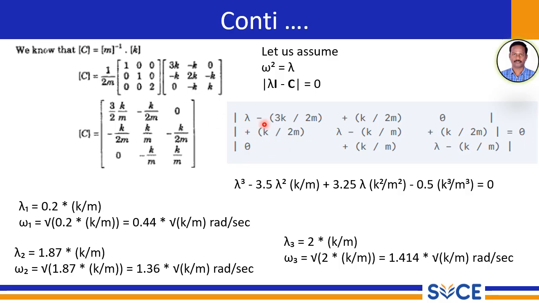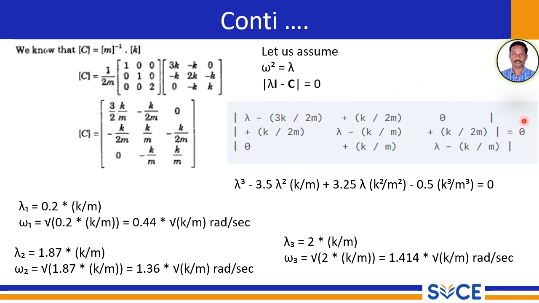Similarly, along the diagonal only it will come, because it is an identity matrix. Identity matrix means 1, 1, 1 along the diagonal. So we will get this matrix. From this we find the equation by matrix multiplication.